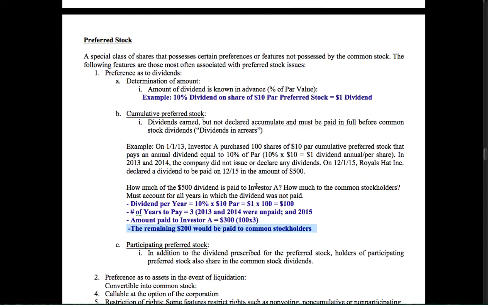That is a key takeaway to note, and this gets back to, as we discussed in the first lecture for this chapter, how preferred stock has a better preference to the assets in liquidation than common stockholders. This is also another one of those features where you can see that preferred stock has a preference before the common stockholders.